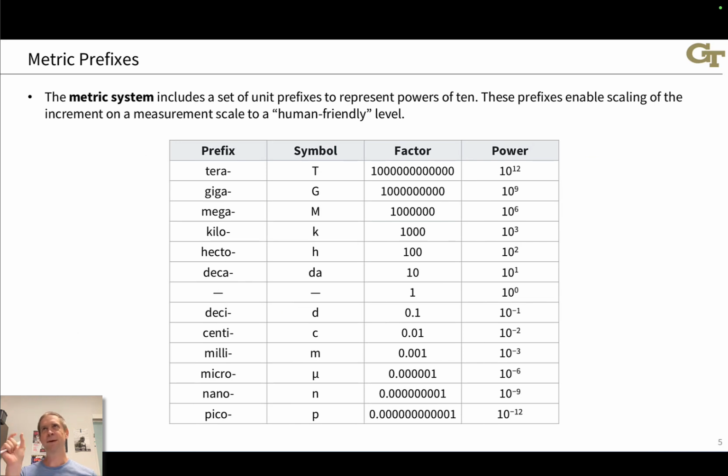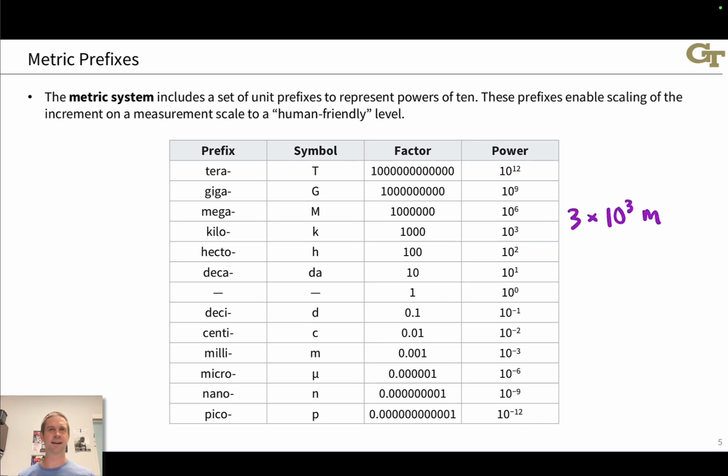We can take that power of 10 and actually turn it into a prefix that we just put in front of the unit. So for example, if the measurement is 3 times 10 to the third meters. Let's actually write this out. 3 times 10 to the third meters.